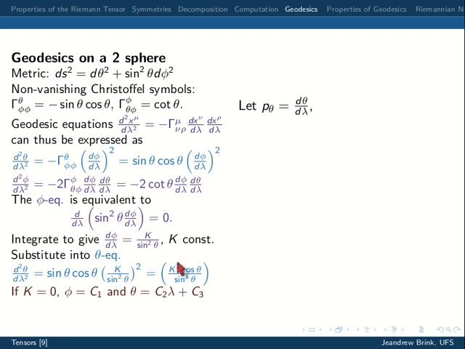In the special case where k is equal to 0, then we're going to have, firstly, that phi is equal to a constant, because d phi d lambda is then 0. Okay, so then we're going to have phi equal to a constant c1, and we're going to have theta equal to a constant c2 lambda plus c3. Okay, so in the special case where k is 0, we have a solution where phi remains constant and theta is equal to that.